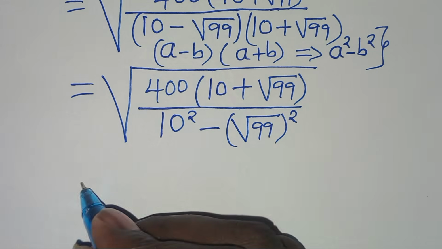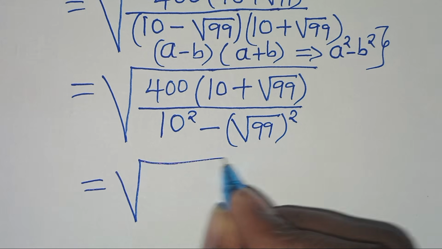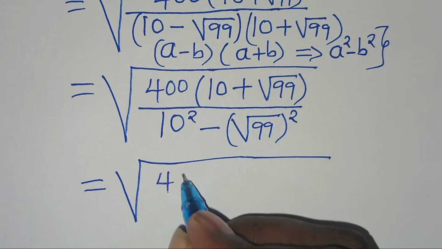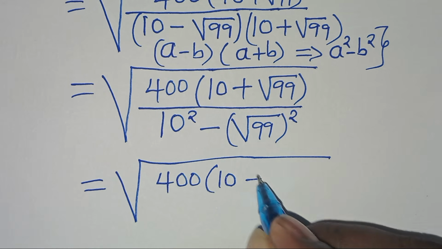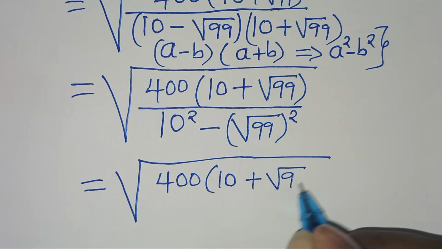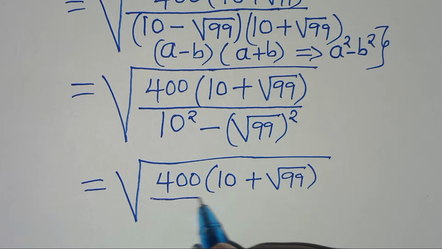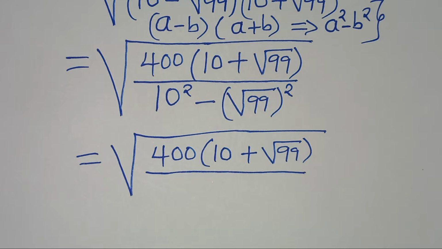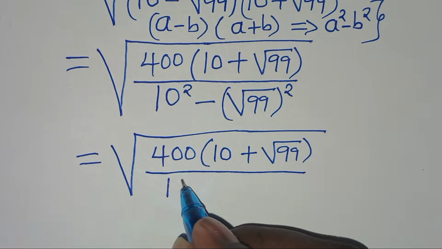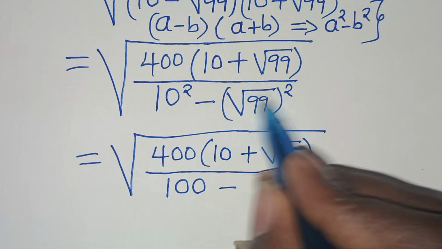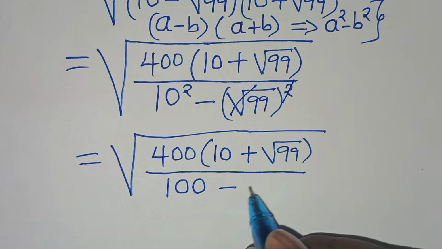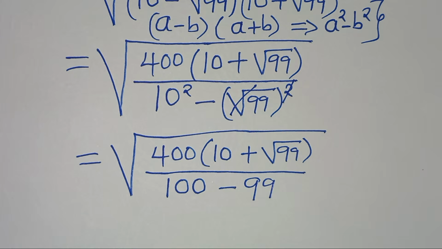The next step is that we have the square root of 400 multiplied by 10 plus the square root of 99, divided by 10 squared, which is 100, subtract, now let's eliminate the square root sign here, so this is minus 99.